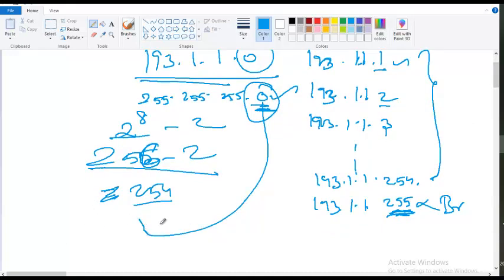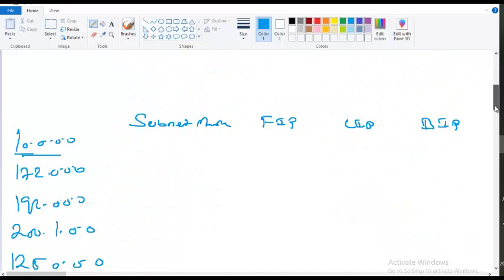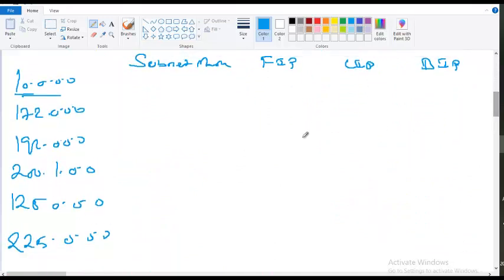So in this equation, where does the 2 come from? The minus 2 is because you don't use this as a host IP, and this one. This and this we don't use from 256. That's why.